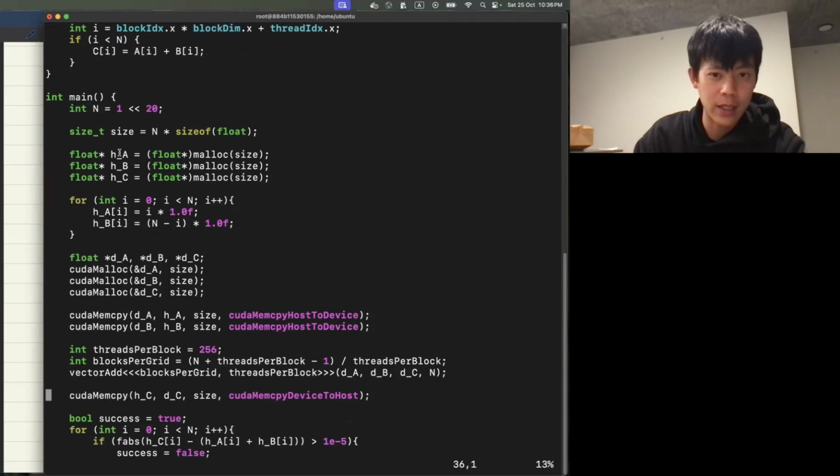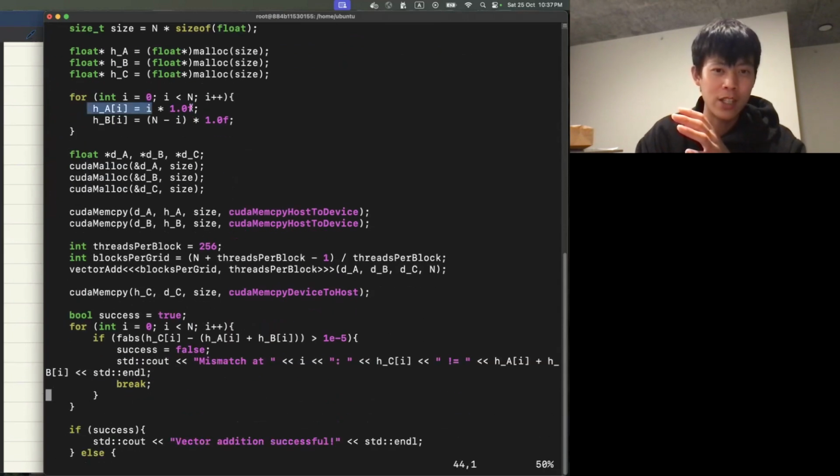Then we allocate 3 pointers on the host side. So things that start with h_ mean these variables are on the host. We initialize the two arrays, and then we declare 3 pointers, but we don't initialize them yet. We declare 3 pointers that are meant to denote the address of the arrays A, B, and C on the device. And then we call cudaMalloc.